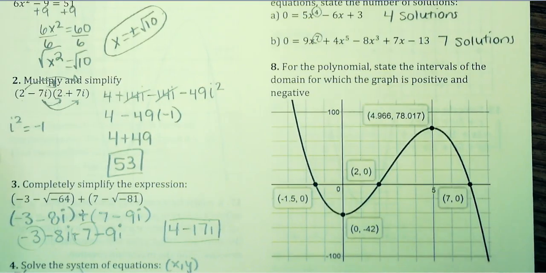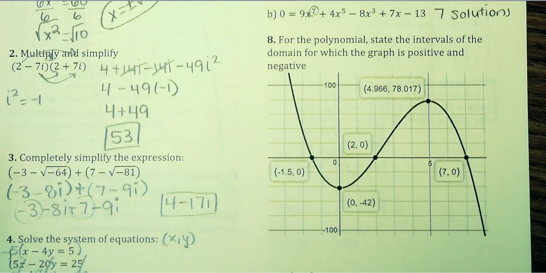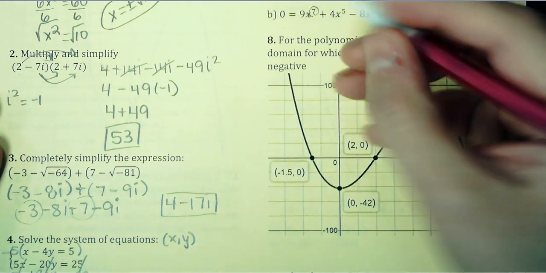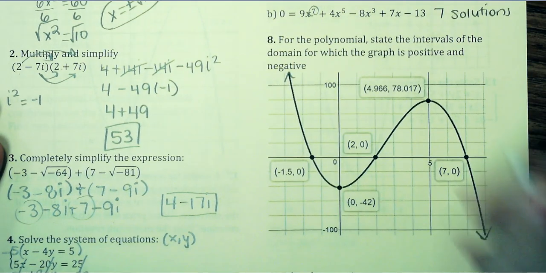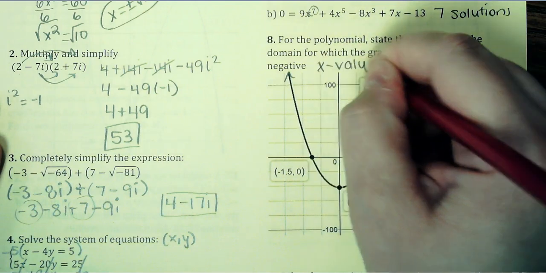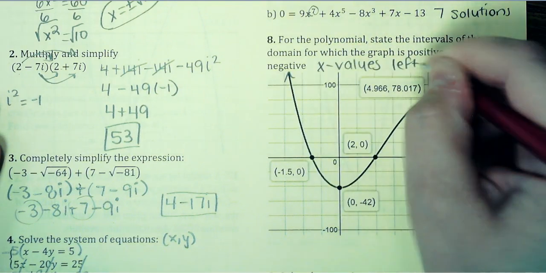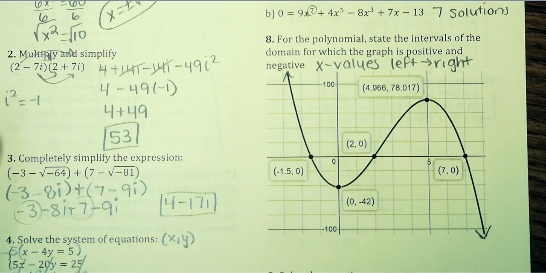For number 8, it says for the polynomial, state the intervals of the domain for which the graph is positive and negative. All right, whenever you're going to do any kind of intervals, positive, negative, increasing, or decreasing, we're talking about x values, and we're going to move from left to right on the graph. Now, what I like to do is grab a highlighter and highlight the parts.